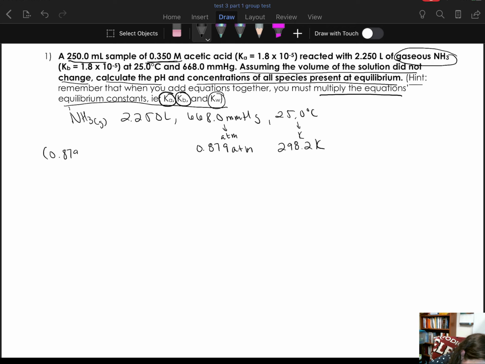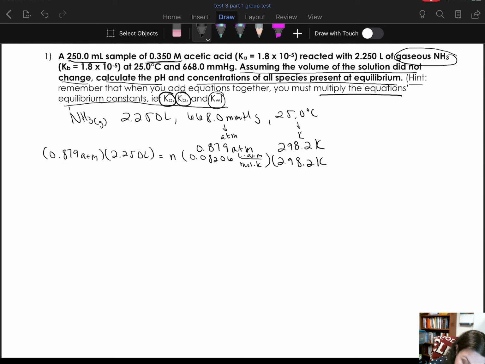We can then put this into PV equals nRT, where our pressure is 0.879 atmospheres. Our volume, 2.250 liters. We're solving for our number of moles. Our gas constant, 0.08206 liters atmospheres per mole Kelvin, and our temperature, 298.2 Kelvin.